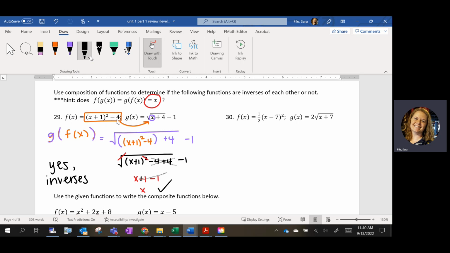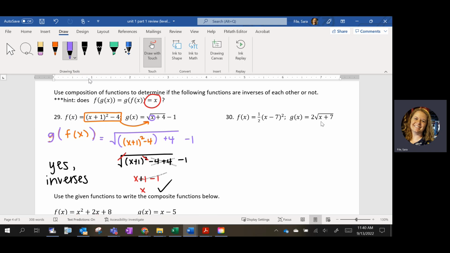So you've got two options on the process here. You can do the composition. I'm doing the composition because that's what the instructions wanted. But really, if it's just a question asking a yes or a no, you could use whatever method you wanted on the test.